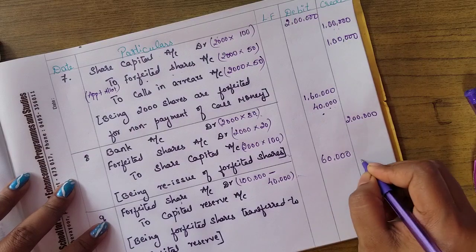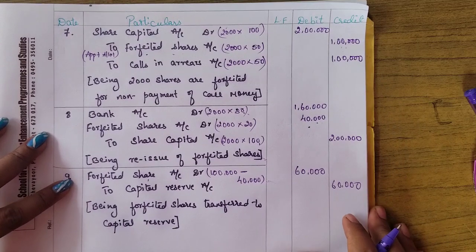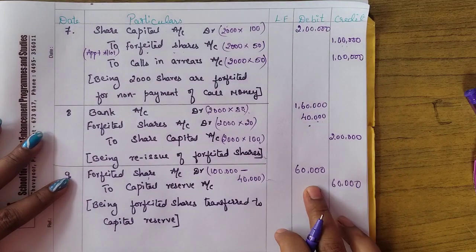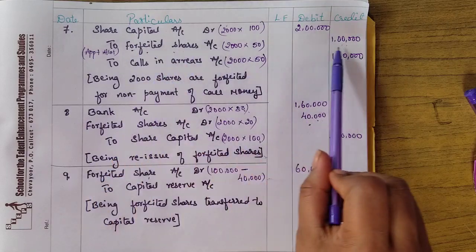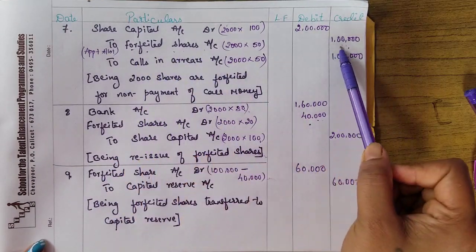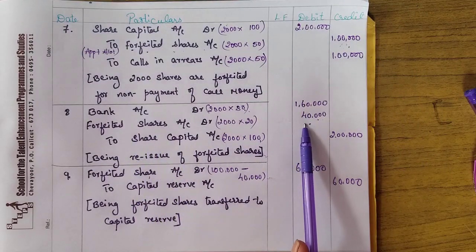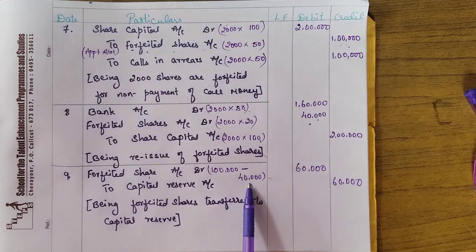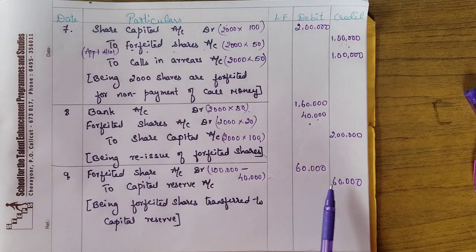So 60,000 is the final amount that they are transferring to the capital reserves. Okay, so we are calculating this from the forfeited account only. Here the forfeited entry, the first entry, what will be the amount that we have to take, and the next entry, what is the total amount of forfeited shares that we have to take. 1 lakh minus 40,000, it is 60,000 is the final amount that they are going to transfer to capital reserves.